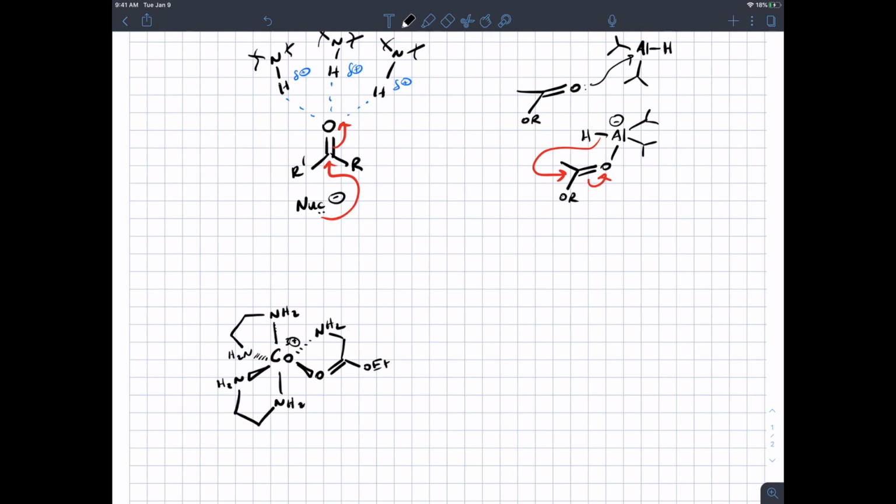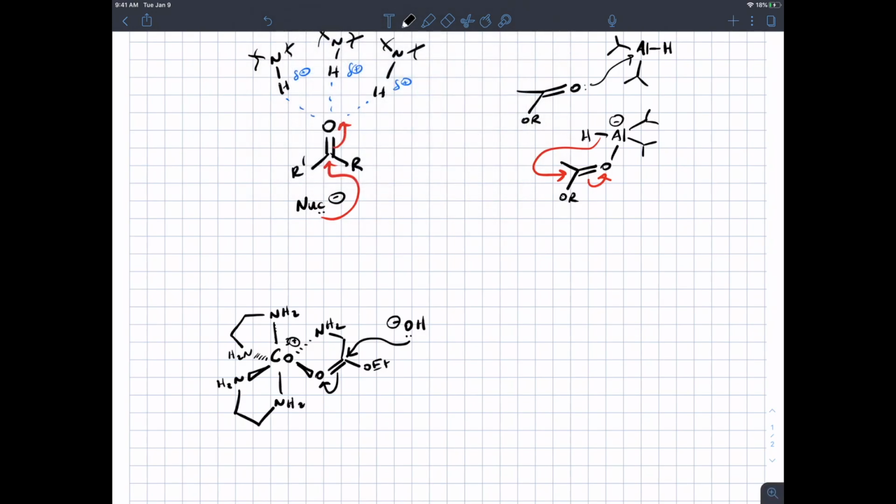And even though we're not drawing a formal charge on that oxygen, it should be clear that binding the Lewis acid should polarize the carbon-oxygen bond even further, having more of a positive charge on the carbonyl carbon. Another way of thinking of this is it can also lower the LUMO in energy, and so that facilitates attack.